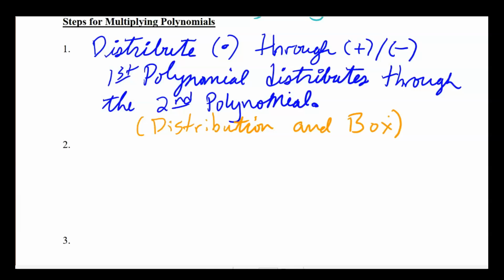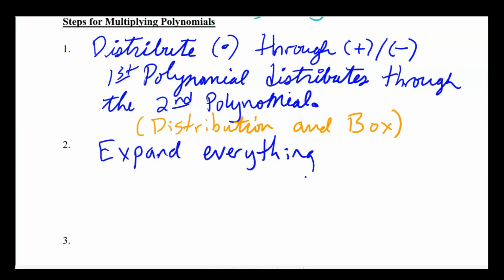Essentially, once you've distributed, you need to expand everything. So everything that can be multiplied should be multiplied. Multiply all possible sets.